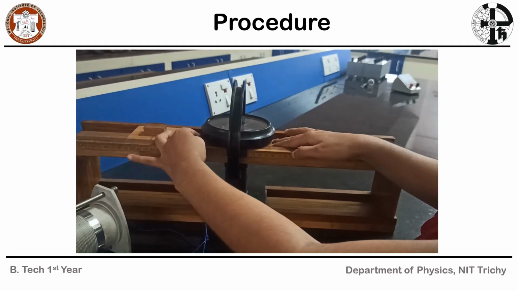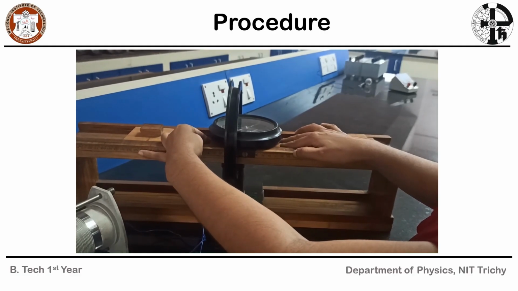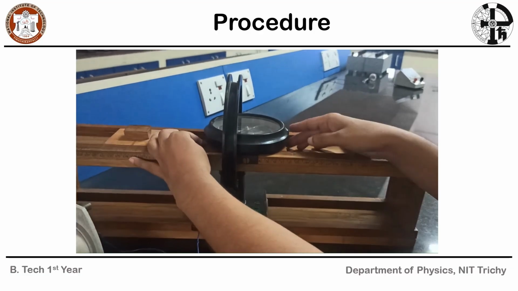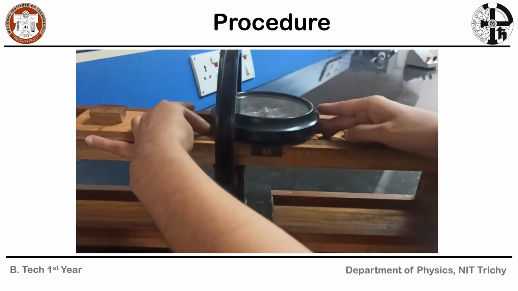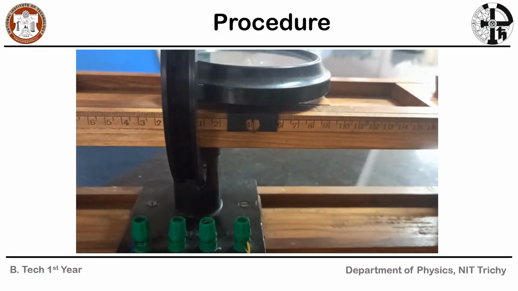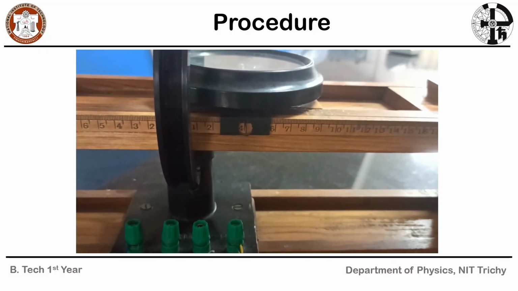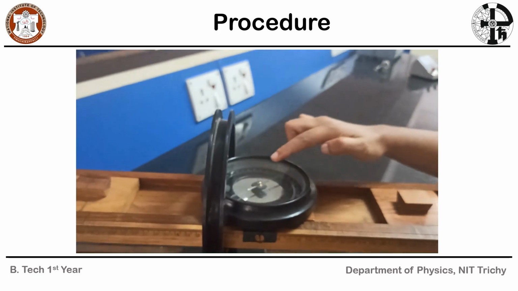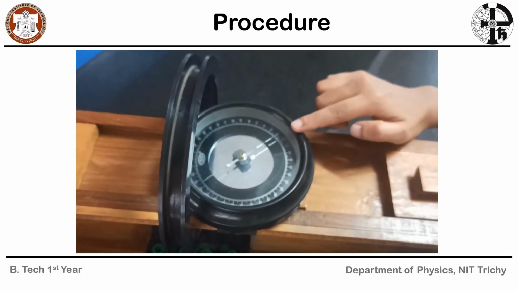Now, we will displace the compass box from the center of the coil. And then, we will measure the distance as x, and note down the deflection as theta 1 and theta 2.